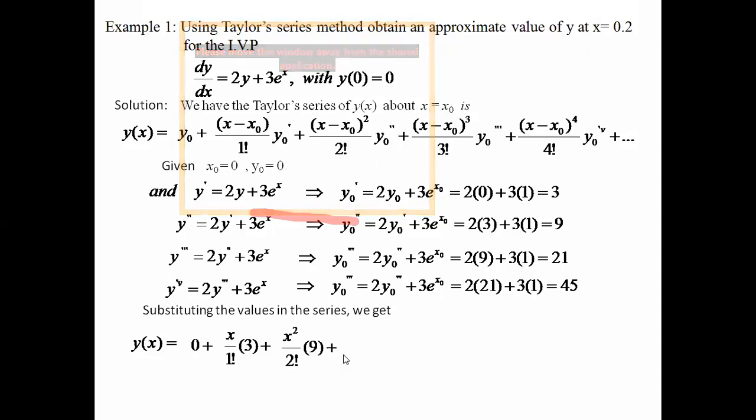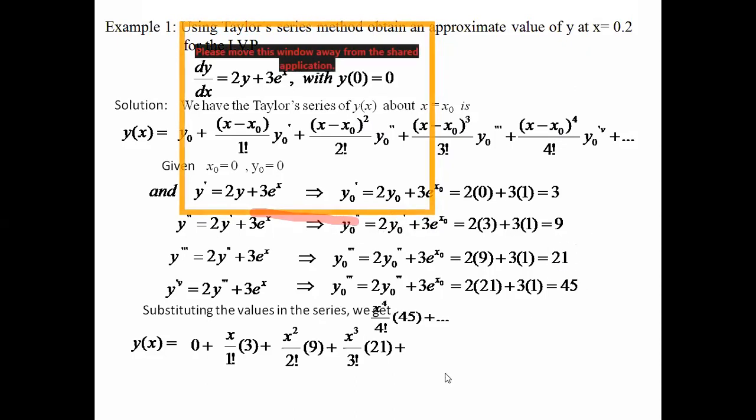This is 9. This value is substituted. And for the third derivative, x minus 0 whole cube by 3 factorial into the next derivative, which is 21. This 21 substitute. Next, x minus x naught, x naught is 0, so it is x to the 4 by 4 factorial into the fourth derivative, which is 45. So like that, write this series.